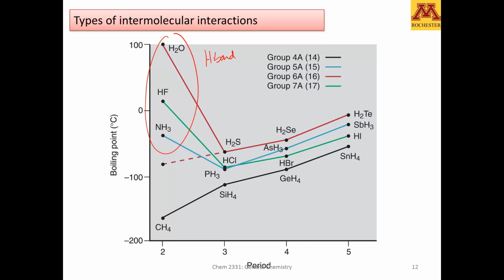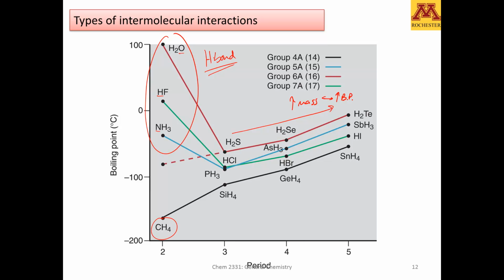And notice that as you go from top to bottom in the periodic table, the mass is increasing. You're seeing that the higher the mass, the higher the boiling point, provided that you don't have a different kind of interaction. This is showing that hydrogen bonds override the factor of the mass, and it takes place only when you have nitrogen, fluorine, or oxygen.